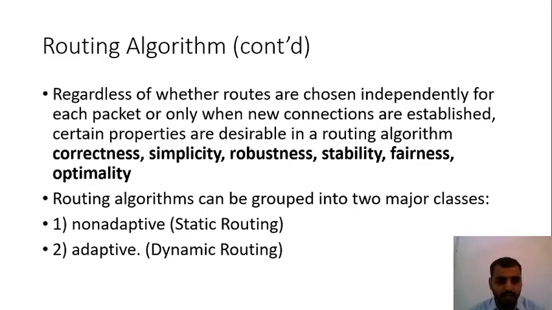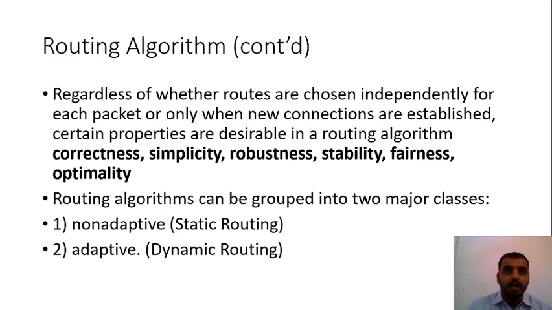Now coming to the next one, it says routing algorithms can be grouped into two major classes. What are the two major classes? Non-adaptive and adaptive. Non-adaptive means static routing. You can consider the example of static routing as a railway track.